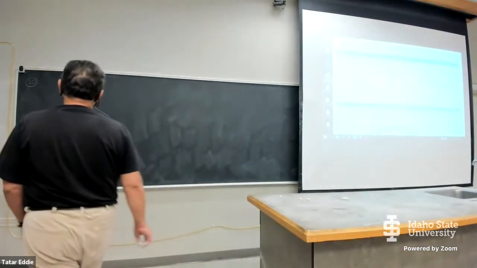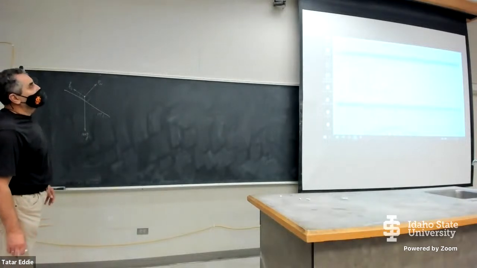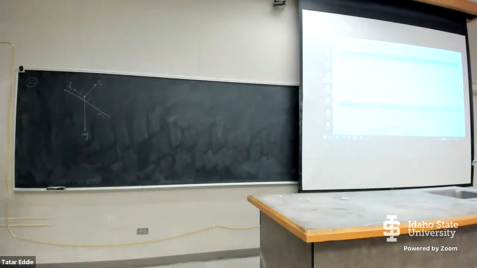Okay, and now part A, what is the magnitude of the normal force? So use a coordinate system with one axis, the x-axis, let's say, parallel to the incline, and the y-axis perpendicular to the incline. In this coordinate system, again, the origin is at the center of the object.